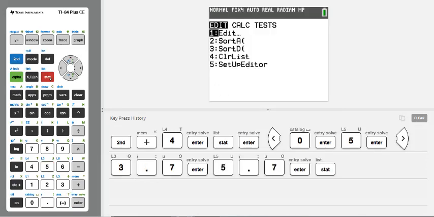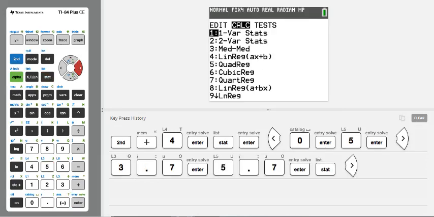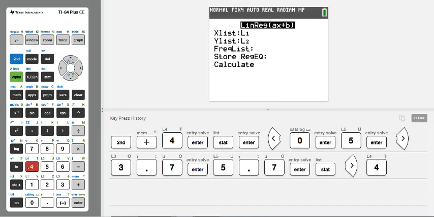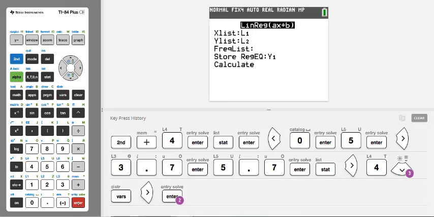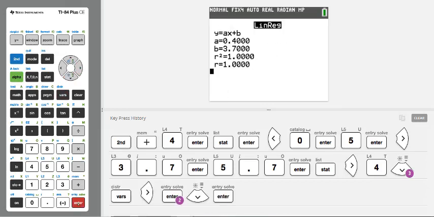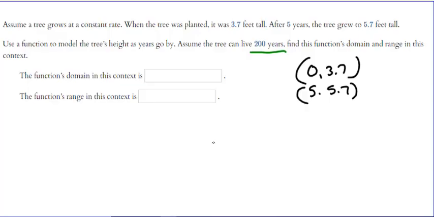Enter. Stat, calc, number 4. And we're going to store it because we're going to do something with it. It's pretty cool. Vars, arrow, enter. Okay. All right, so there. 0.4 and 3.7. So 0.4x plus 3.7 is what it is.